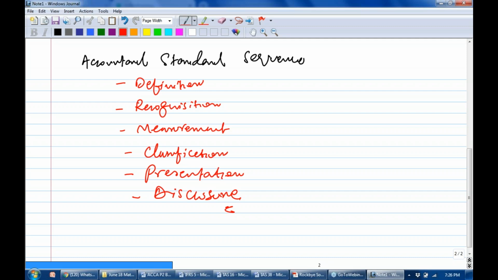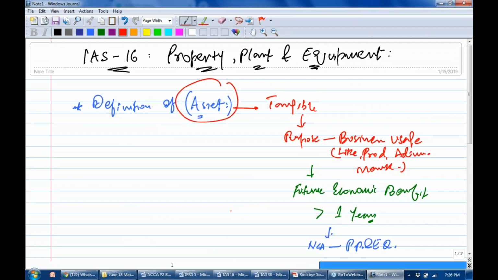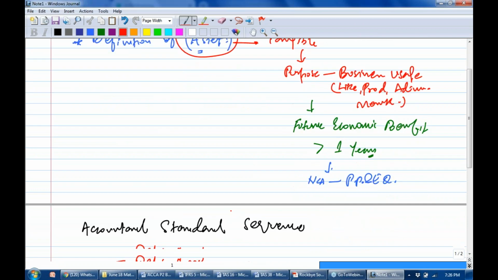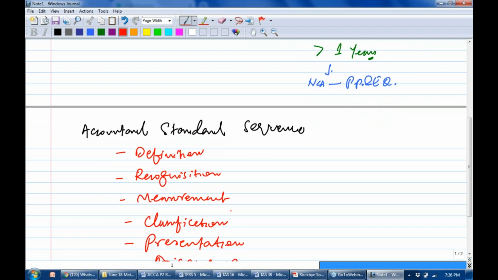For example, let's take this accounting standard, IAS 16, property, plant and equipment. First of all, it belongs to asset. Assets are many more: inventory is also an asset, investment property is also an asset, intangible is also an asset. But what assets are categorized or defined as property, plant and equipment? If some assets meet the definition of property, plant and equipment, then welcome to IAS 16.